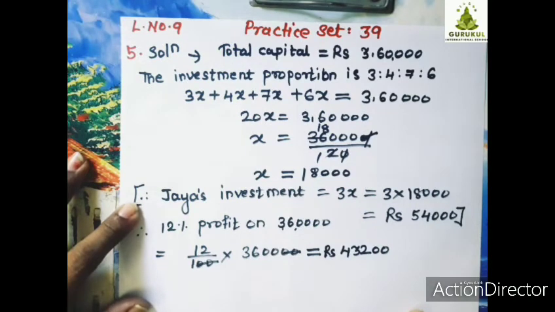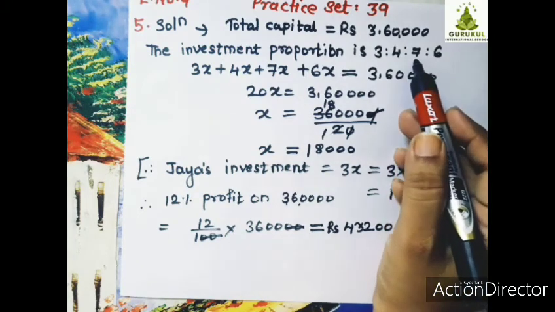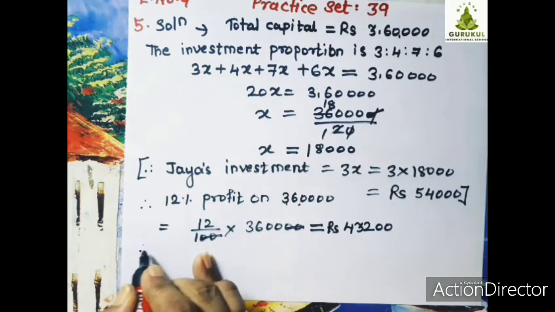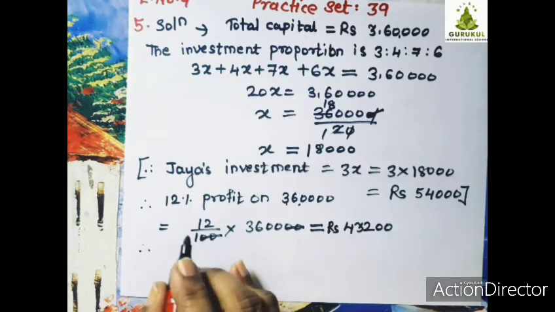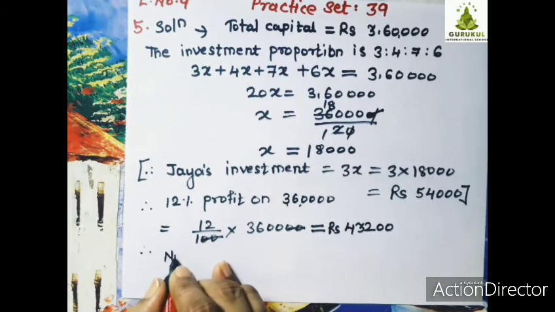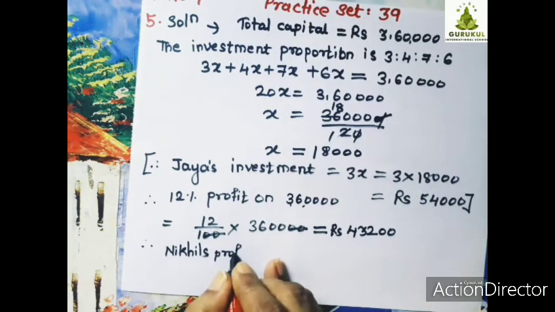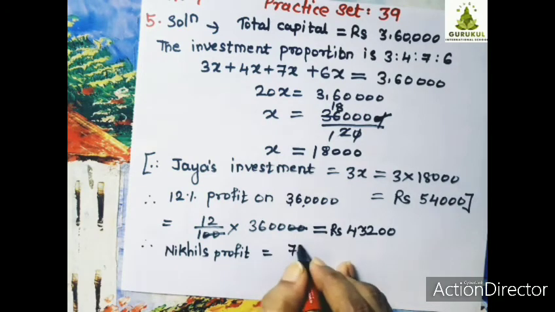We don't have to find out the total profit. We have to find out whose profit? Nikhil's profit. Nikhil's number comes third, that means 7x. That is 7 times he has done the investment. Therefore, Nikhil's profit is equal to 7x.